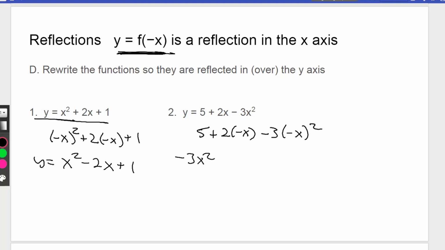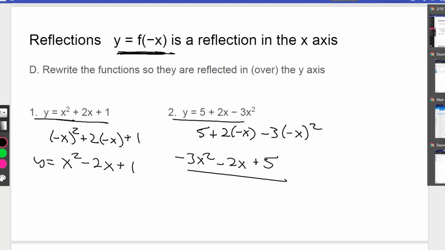Then this is going to be -2x, and then +5. They probably would have written it backwards. But anyway, this is going to be the same function, only reflected over the y-axis. All I got to do is take all the x's and replace them with a -x, and then multiply.